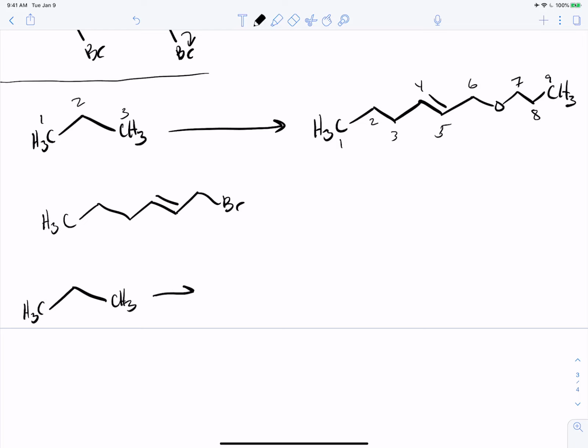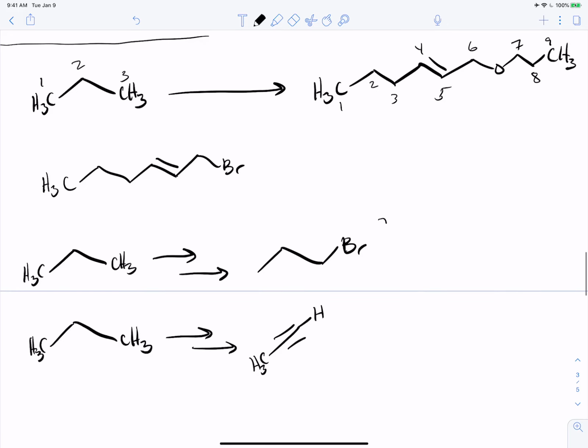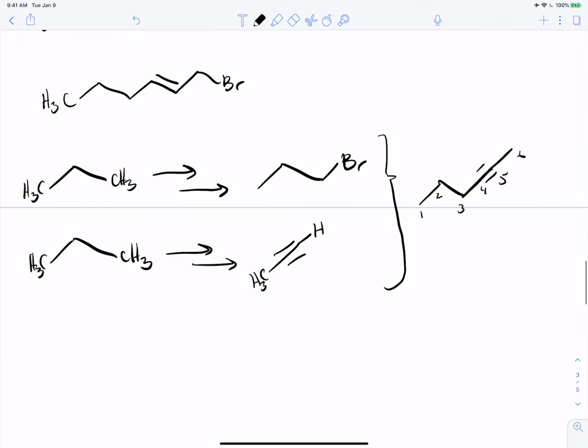So we want to use the same strategy. I'm not going to redraw this all out. We want to use the same strategy that we used to make this in the first problem, and the same strategy that we used to make the alkyne in the first problem. That part hasn't changed at all. Then we join these together.